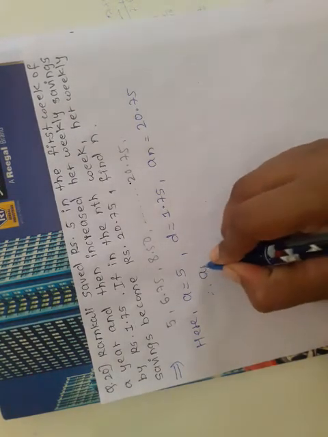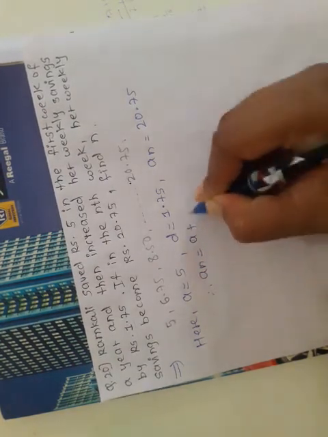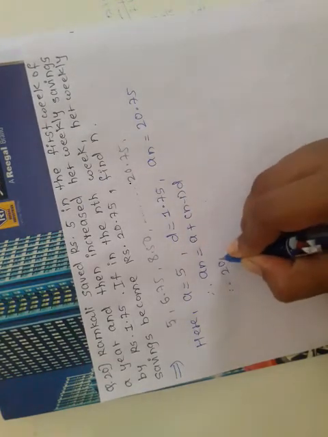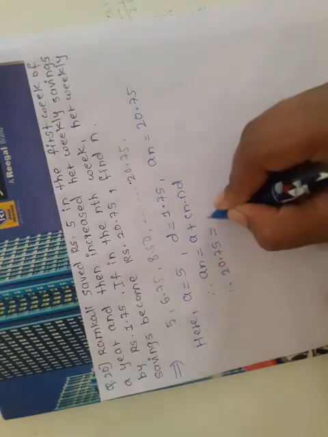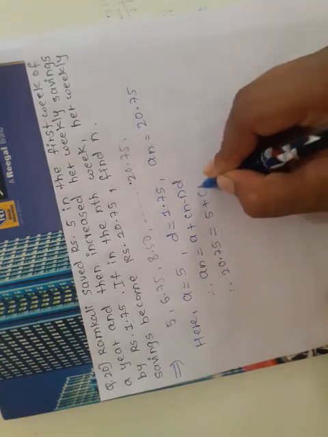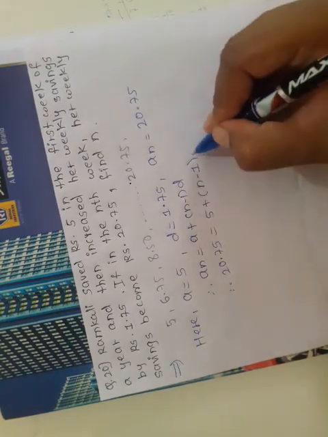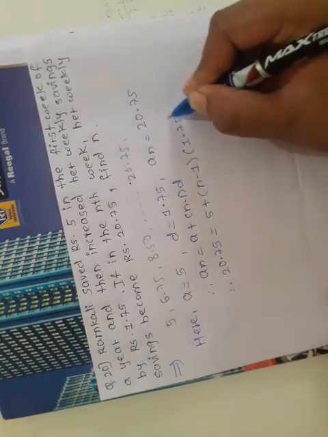Therefore an is equal to a plus n minus 1 into d. So 20.75 is equal to a, which is 5, plus n minus 1, where n we have to find out, times d, which is 1.75.